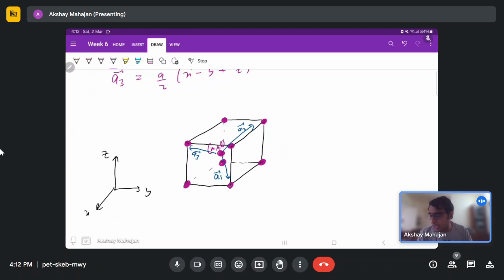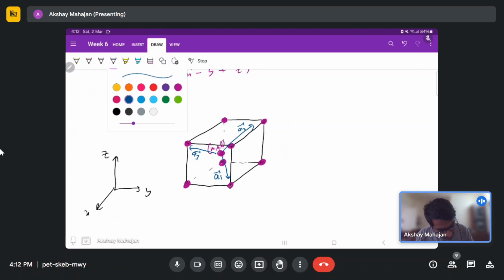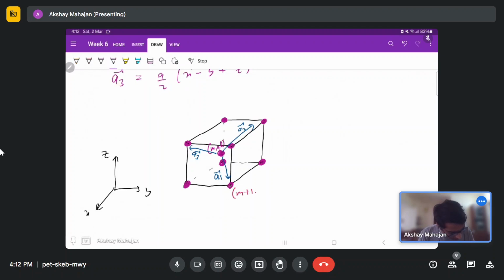So along the E1 vector, you will have your first neighbor. Its coordinates will be m plus 1, n, l. From m, n, l going to m plus 1, n, l is m plus 1 minus m, which is 1 times the E1 vector.